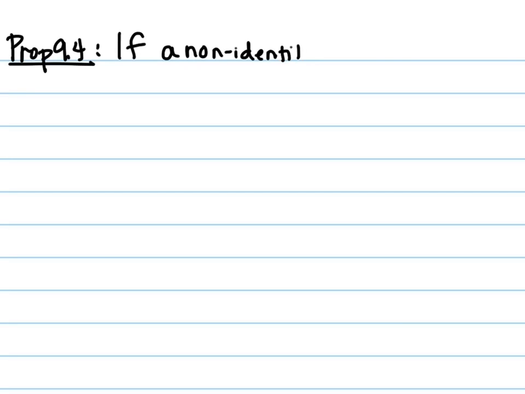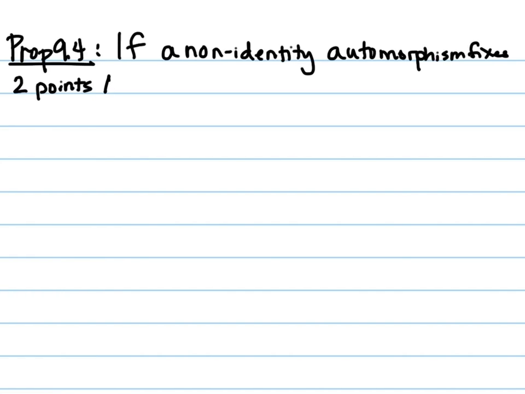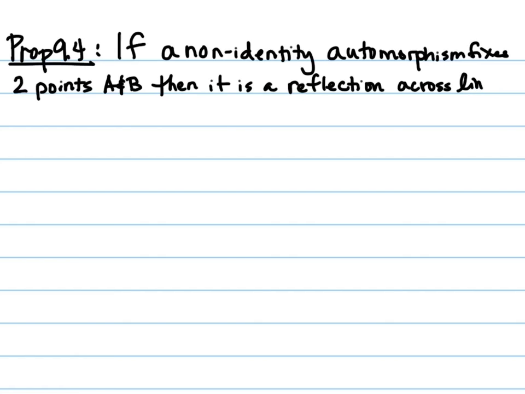All right, proposition 9.4 says if a non-identity automorphism fixes 2 points, not just the line like I was mentioning earlier with my other example, but 2 points, A and B, then it is a reflection across line AB.